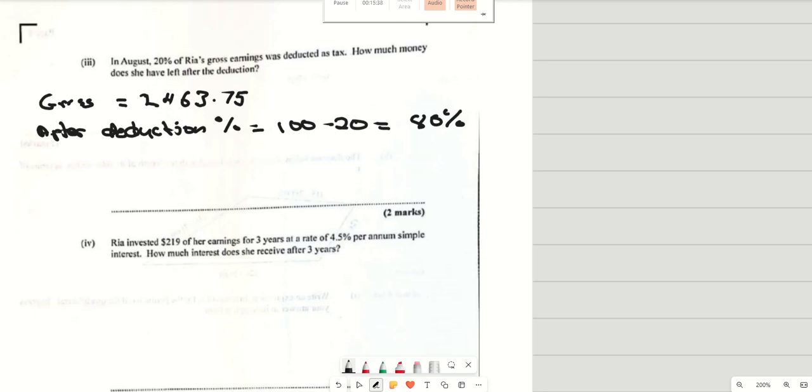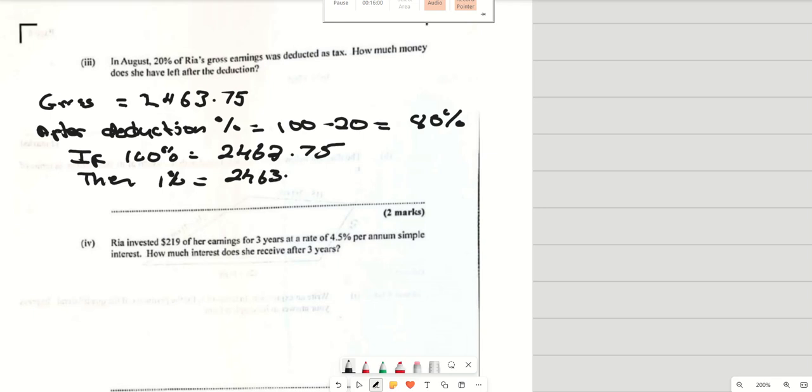So if 100% is equal to 2463.75, then you find for 1%, which would be your right-hand side divided by your left-hand side. So that's $2,463.75 divided by 100, right, over 100.